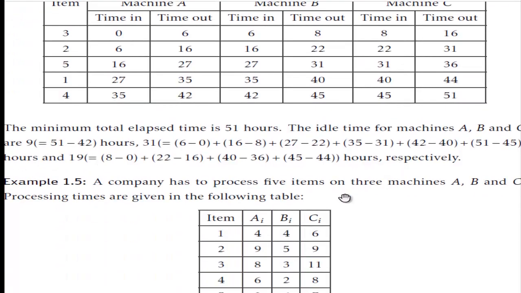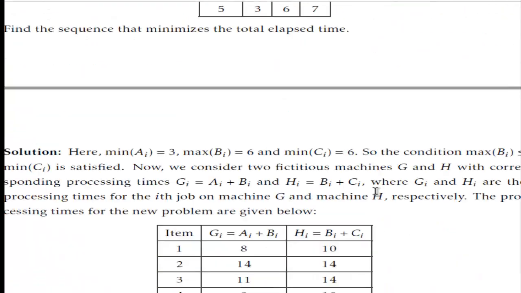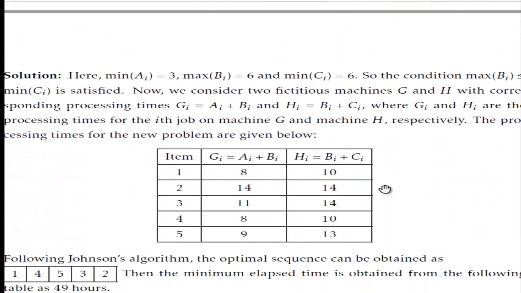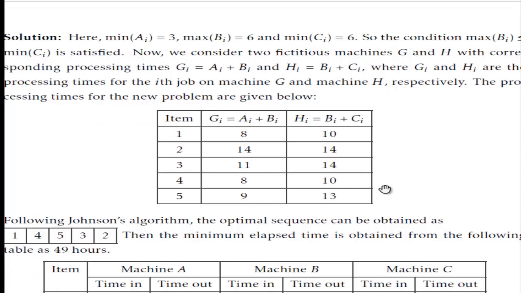Now this is another question here. You can just see this question and try to solve it yourself. Just see the solution. I'm sending you this PDF also. You can pause the video, write this, and try to see how we got this G and H by adding them together if the condition is satisfied to get the optimum sequence.